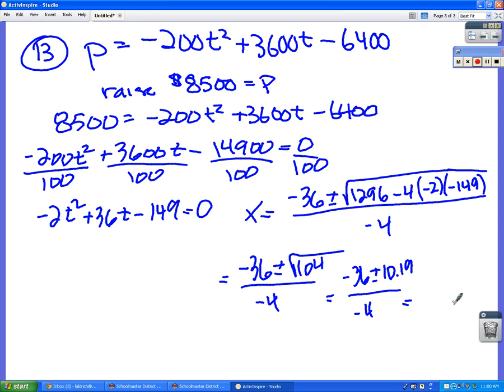So that's going to be right around 8-ish, 7-ish. 6.45. So one price that we could charge would be $6.45 a ticket. What do you get if you go negative 36 minus 10.19 and then take that number divided by negative 4? 11 point what?